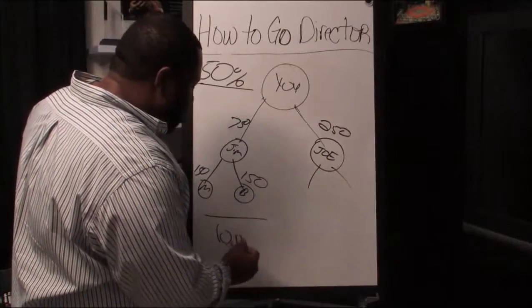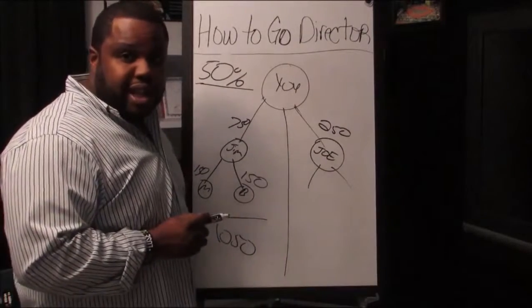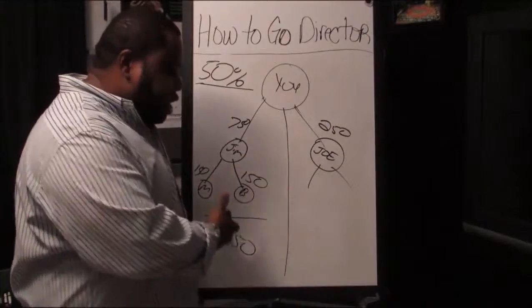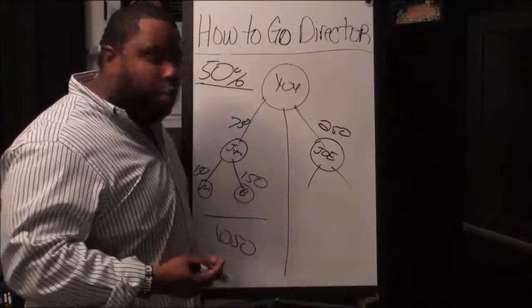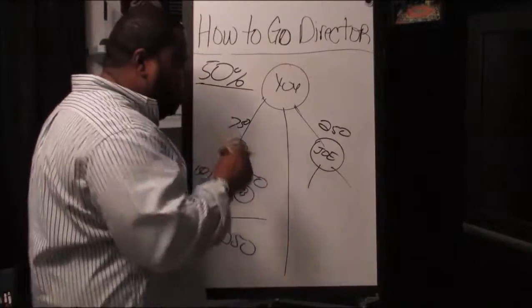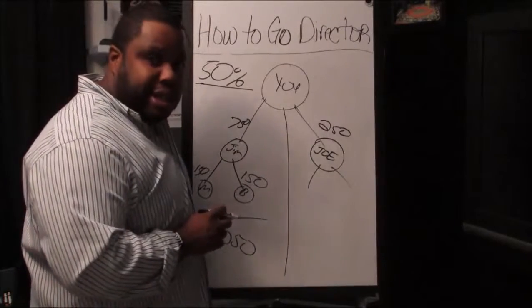Okay, so you already have 1,050 points on this leg. And as Janella mentioned earlier, in order for you to get to these points, like Mr. Simpson said, you want to start team building. You want to help your two get two, those two get two. Okay, excuse me. So right now we have 250 points on this side.